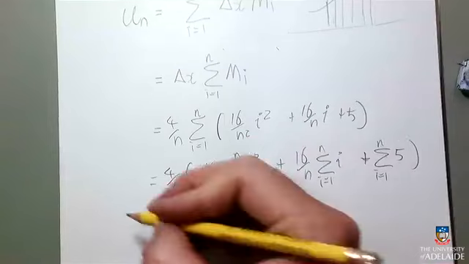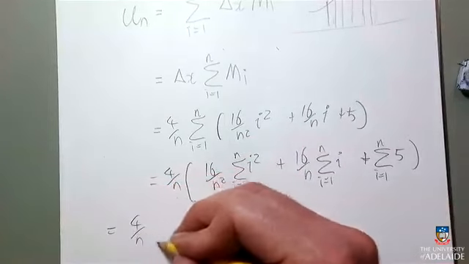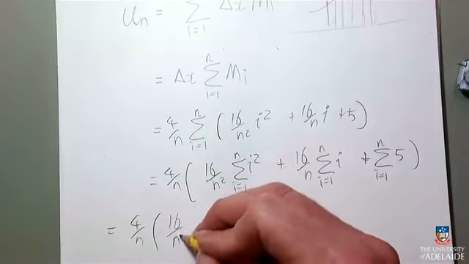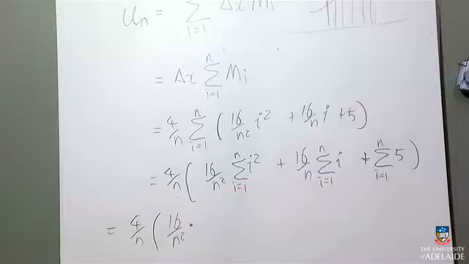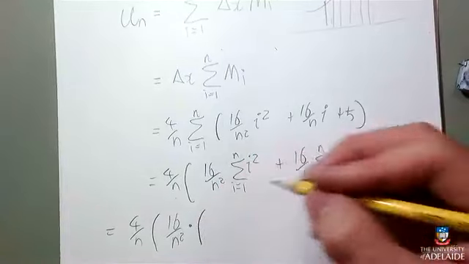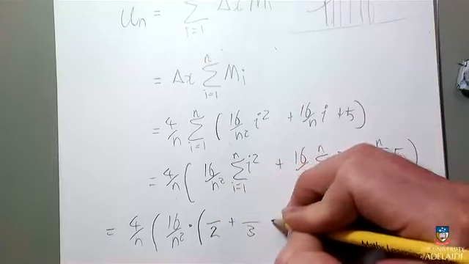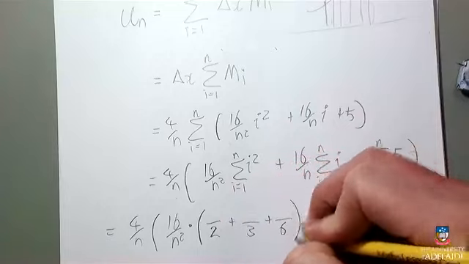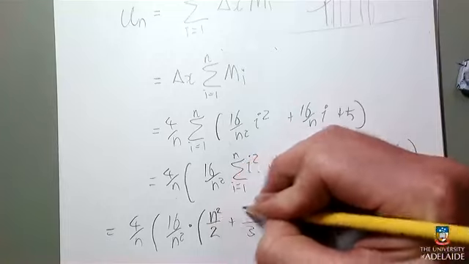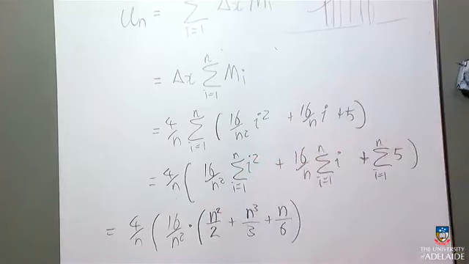And now there are formulas for what these things are. The sum from 1 to n of i squared has 3 pieces, and the pieces are 2, 3, and 6, and I believe it's n squared and n cubed and n.